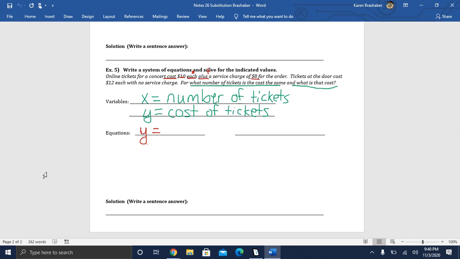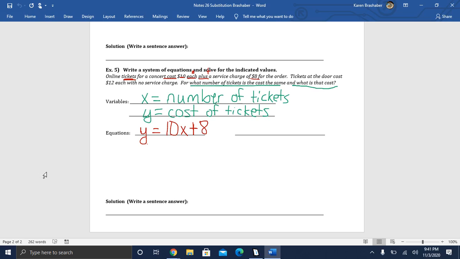So we've got to remember that we're taking 10 times our number of tickets. Well, we don't know our number of tickets, so that was the variable x. So 10 times that number of tickets x, and then plus a service charge of $8. So there would be our first equation.